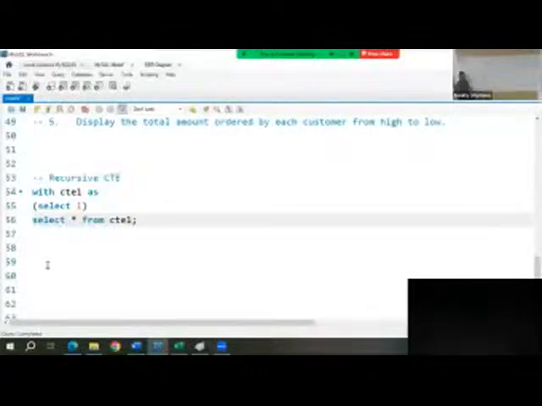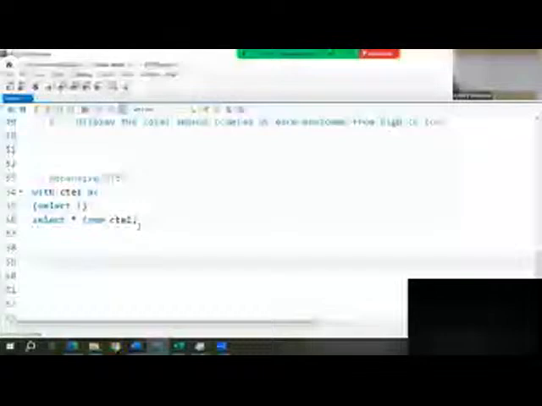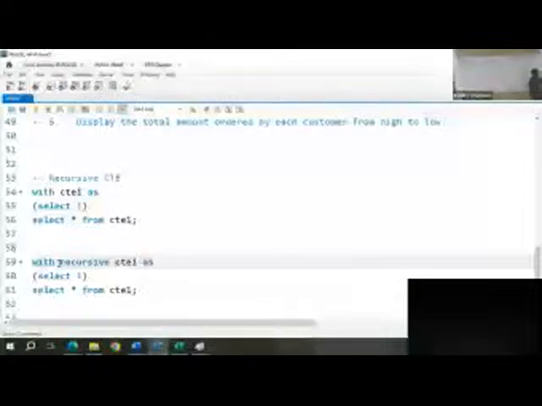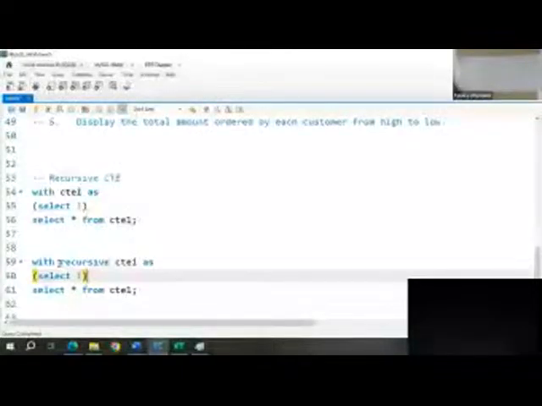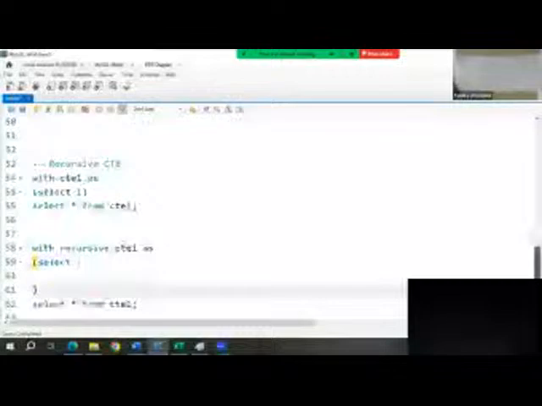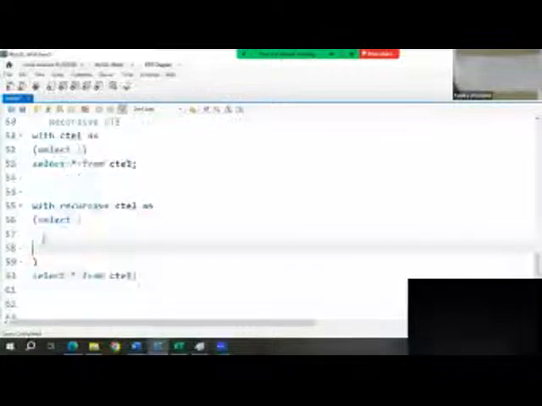So this is a normal CTE. To convert it to a recursive CTE, I will use the keyword RECURSIVE here. Next, I have to say UNION SELECT.